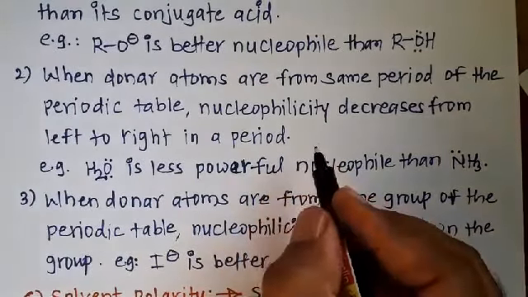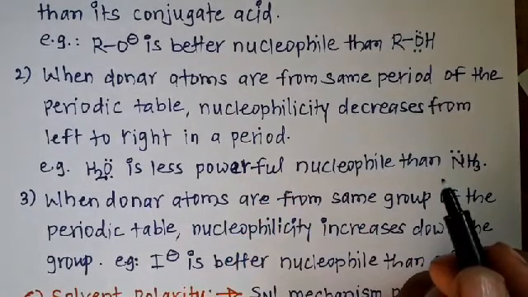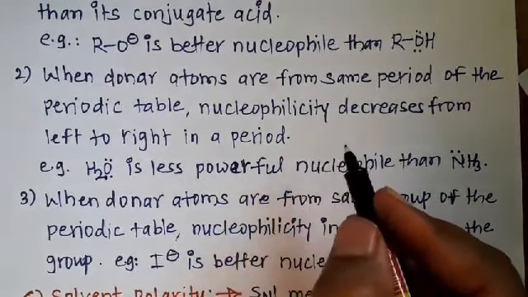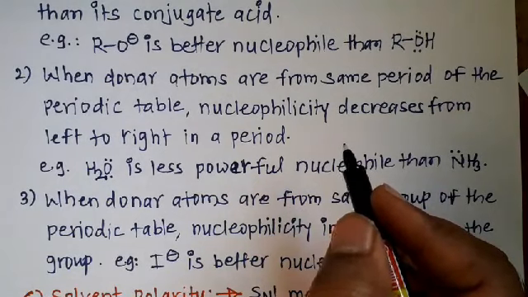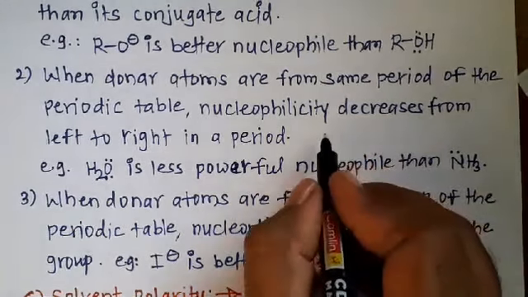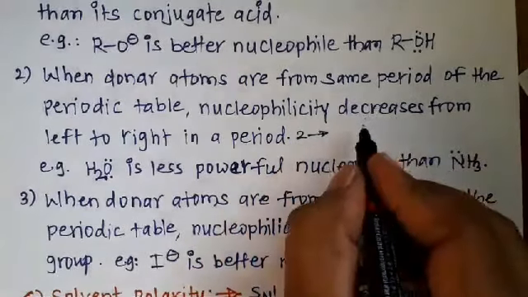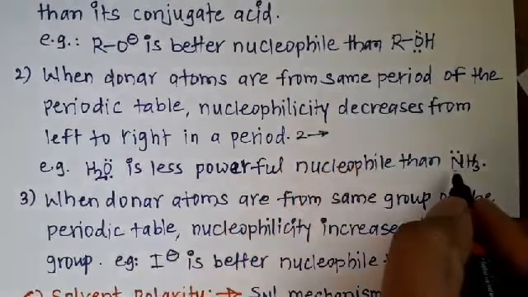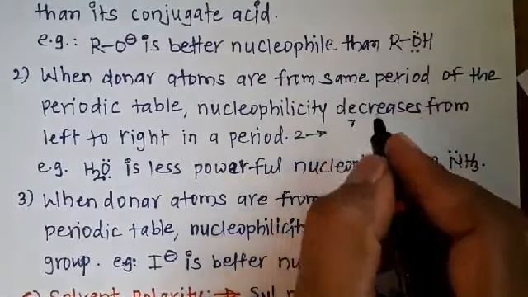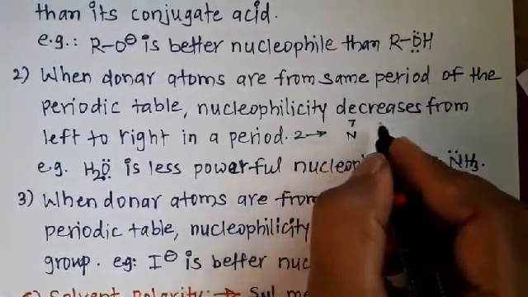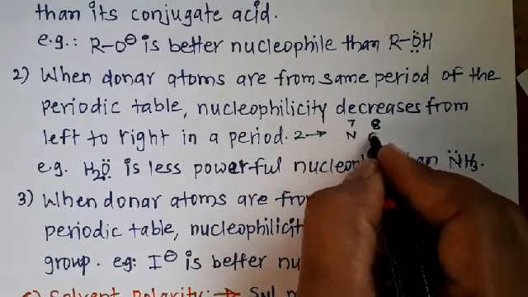Here we know that oxygen and nitrogen in ammonia are both present in the same period, the second period. Nitrogen in ammonia is in the 15th group, while oxygen is in the 16th group.